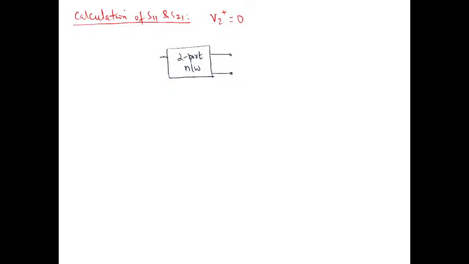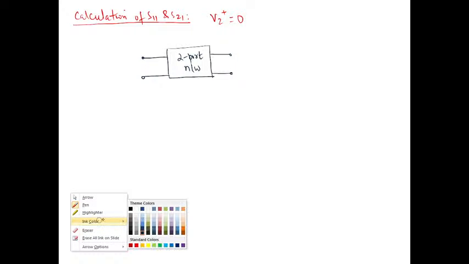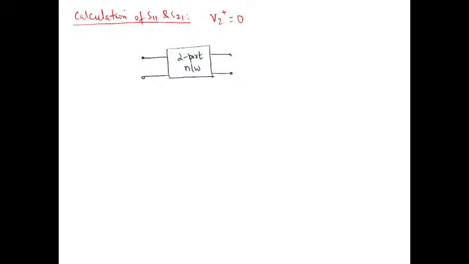So if this is our two-port network, we need to terminate port 2 with ZL equal to Z0.